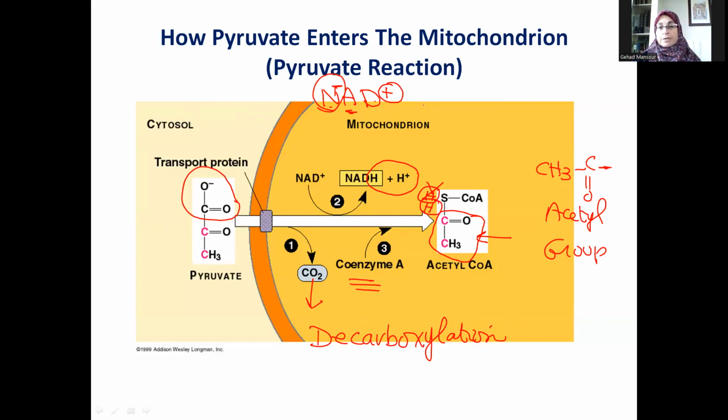Here, the positive means that it has lost an electron, and when it gains two hydrogen atoms, they are being gained like this. This is the proton, and this is the electron. So this is how we represent the two hydrogen atoms. This electron will neutralize NAD, and therefore NAD will become neutrally charged, and this whole H will bind, and then the other one, which is only a proton, will be alone.